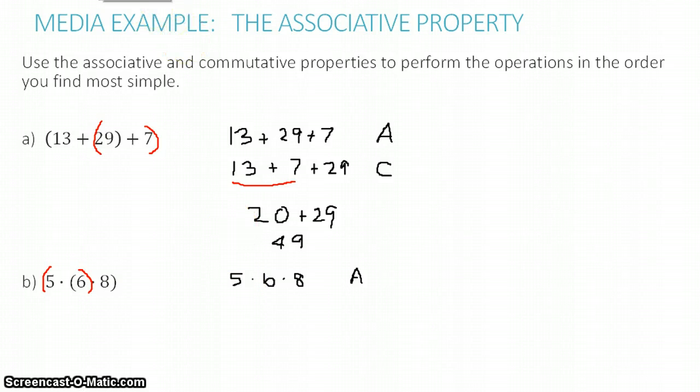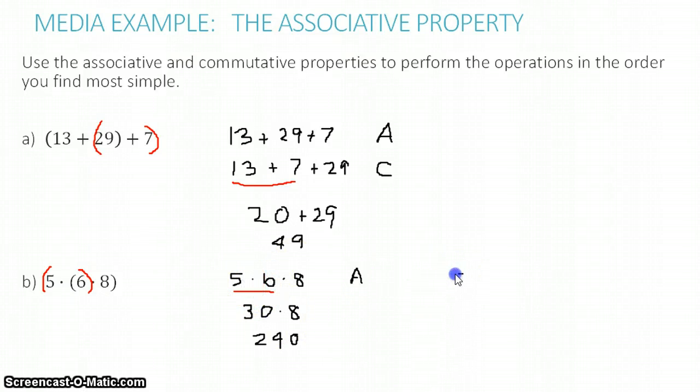So 5 times 6 will give me 30, and 30 times 8 will give me 240. So I just needed to multiply the 3 and the 8 to get 24 and tack on a 0 for the tens place.